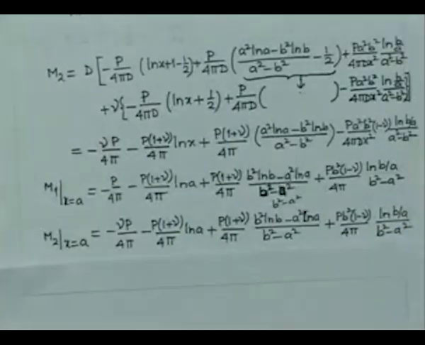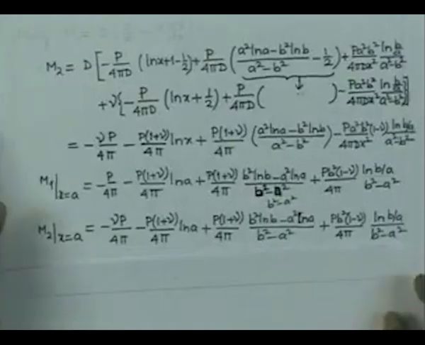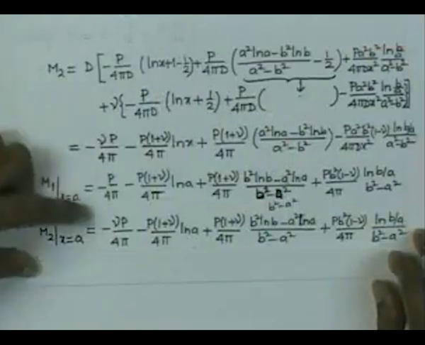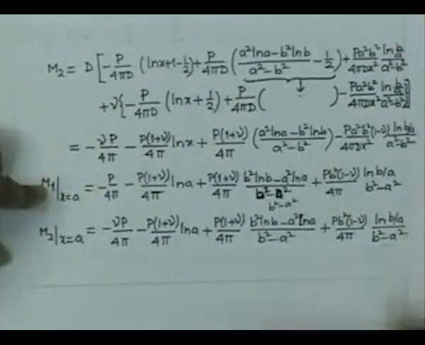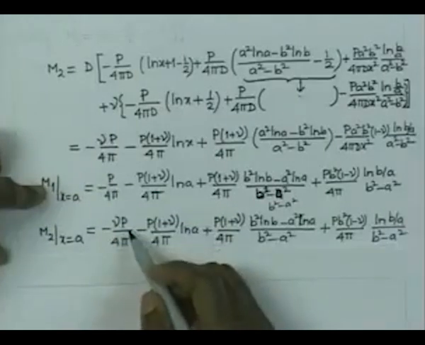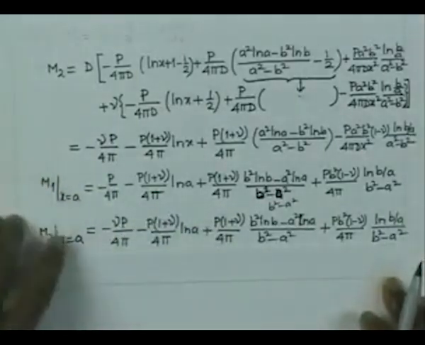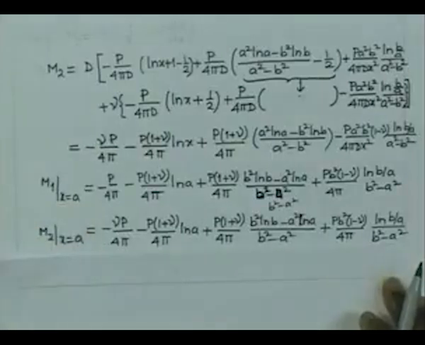So, you have the expression for the bending moment at the location x is equal to a given by these two expressions, and you can see that the bending moment is higher in direction 1, because this is P by 4 pi and this is nu P by 4 pi, nu is less than 1, and therefore this M1 is more significant than M2.